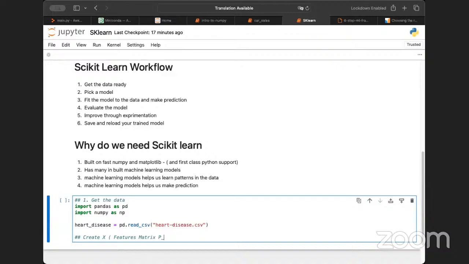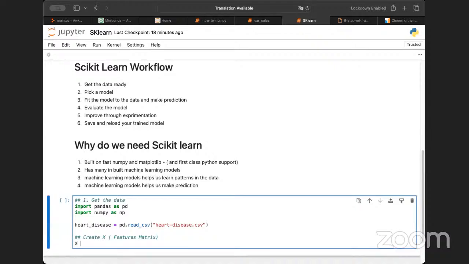So what is this? Basically, in here, we are creating a feature matrix, and one of the features is age, or target or something like that. So we need to select a feature that we want to work on. Okay. So let's do that.